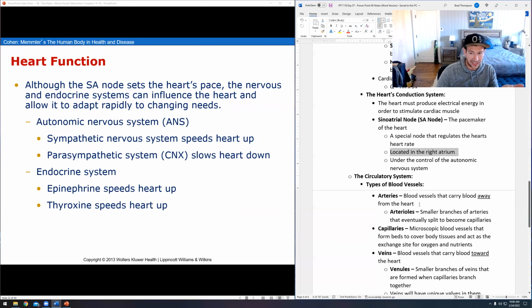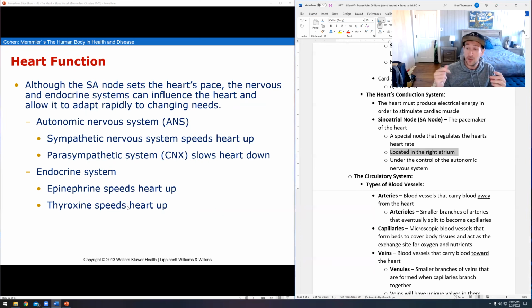Now, like I said, this is under the control of your autonomic nervous system. You do not have direct control of all of this. So although your SA node is setting the pace, your nervous system is in charge of telling it how to do that. If you flush your body with epinephrine, which is adrenaline, or thyroxine, right?